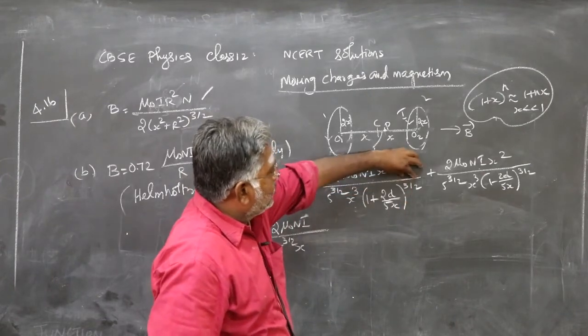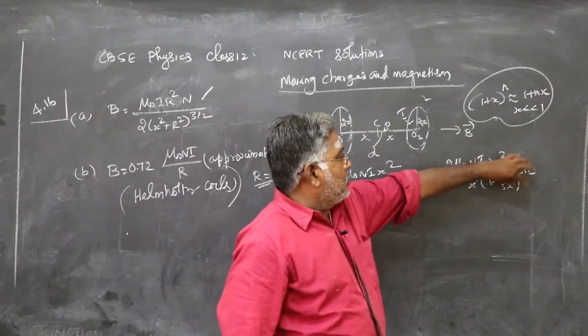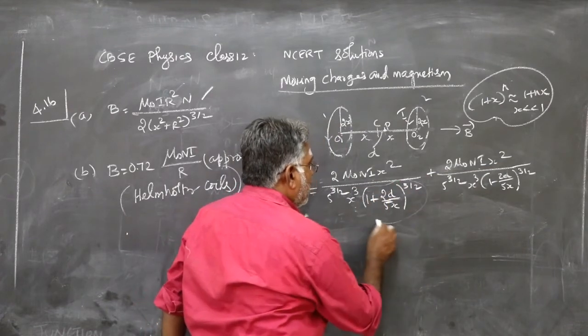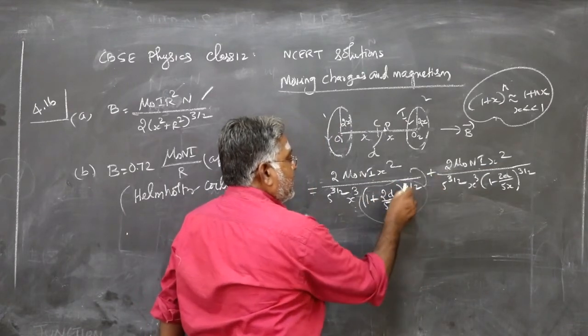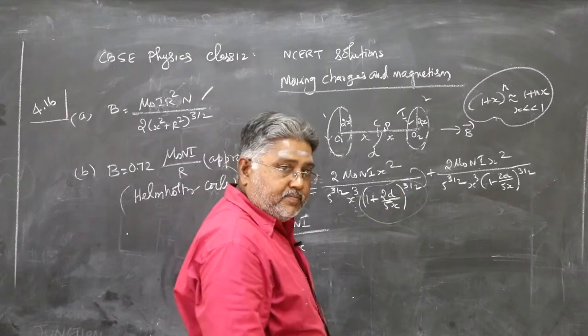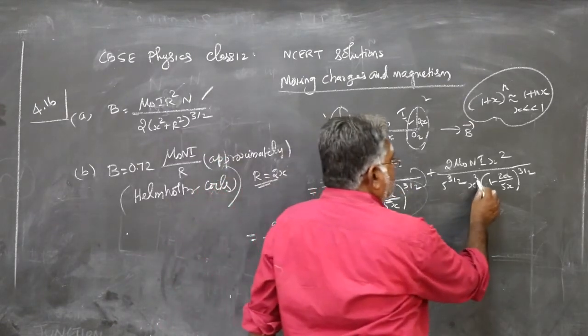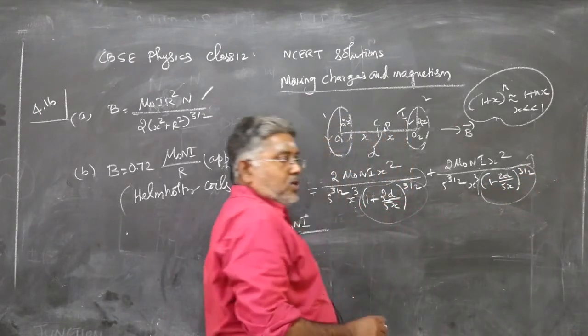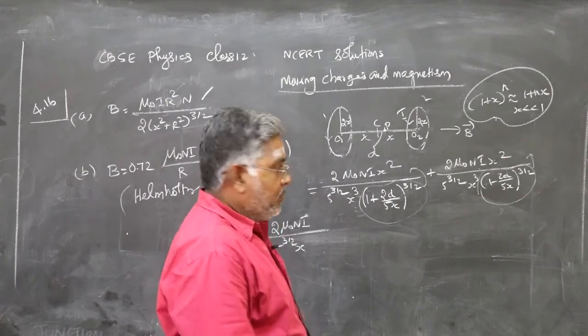This one you take it to the numerator. Similarly, this one you take it to the numerator. This whole thing, take it to the numerator, but you can make that power 3 by 2 as power minus 3 by 2. Similarly, whatever is here, you write in the numerator, making this 3 by 2 as minus 3 by 2.